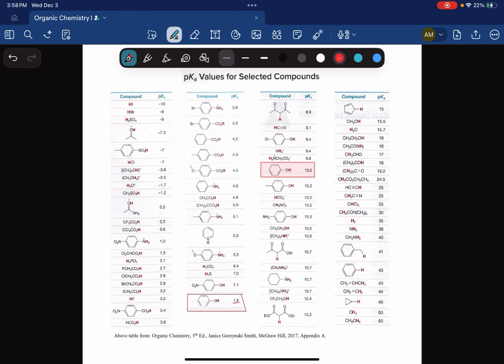We need an NH2, which is unfortunately not on this pKa chart, looks like. And neither is our SeH, or our beryllium, I think.